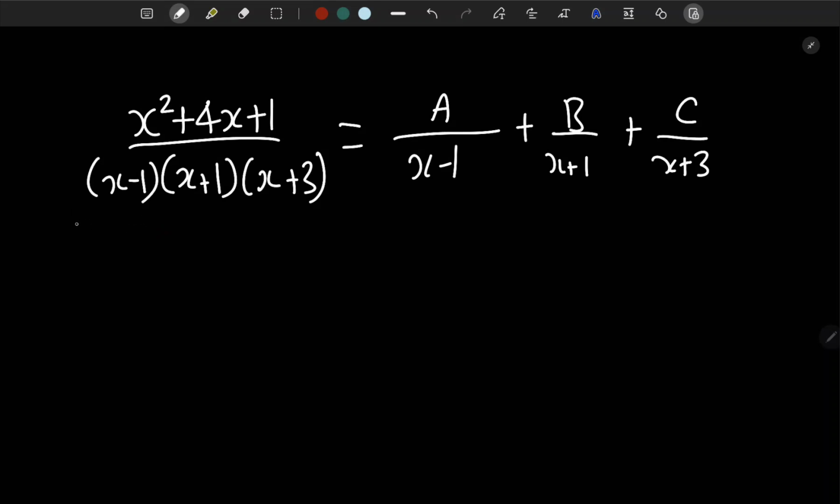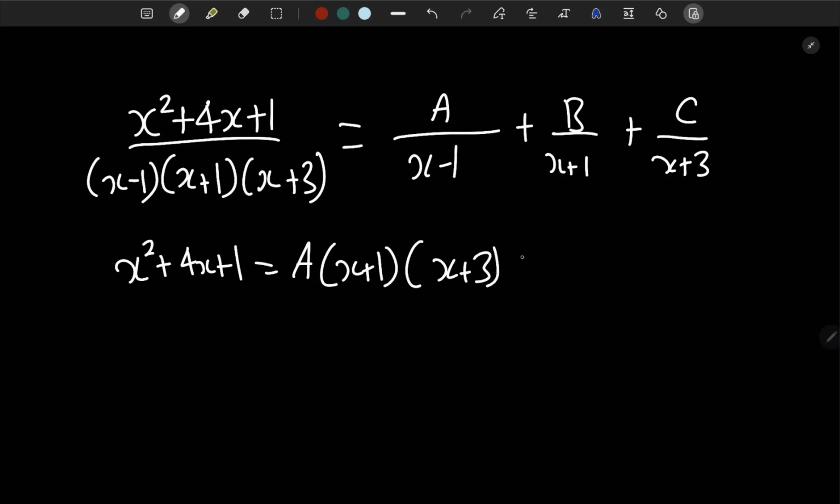We will multiply the entire denominator on both sides, so we will be left with x squared plus 4x plus 1 is equal to a into, now we cover up x minus 1 here, so we will be left with x plus 1 and x plus 3. Now moving on to b, we cover up x plus 1, so we will be left with x minus 1 and x plus 3.